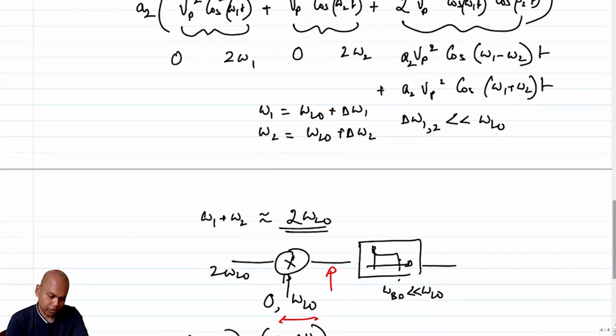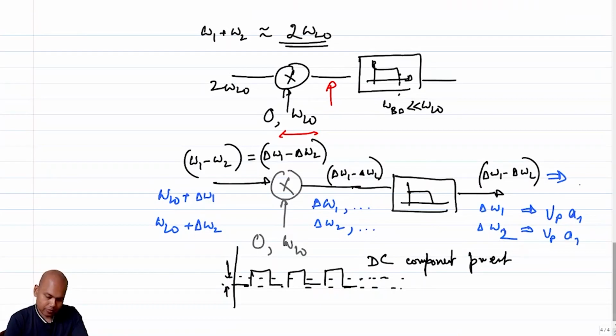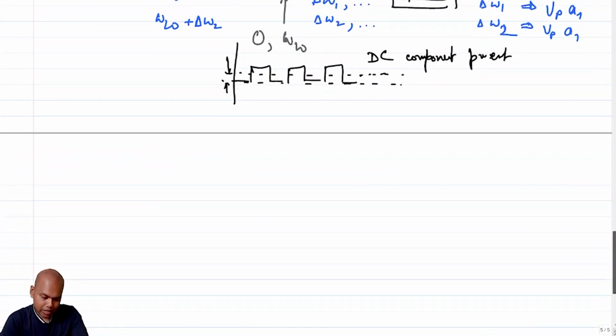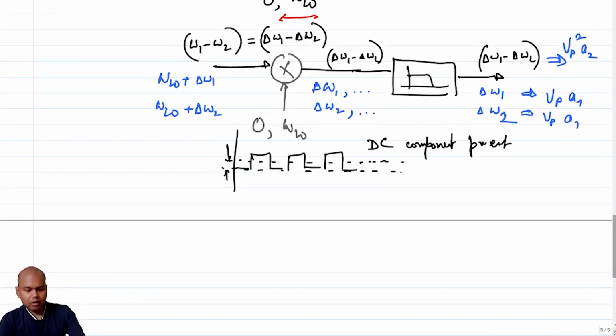This term is arising out of this guy. So essentially, its strength is A2 times Vp squared, right? And as we have talked about in the previous lecture, this unwanted, so-called bad term increases faster than the desired term. It goes by Vp squared, the other one goes as Vp, right?